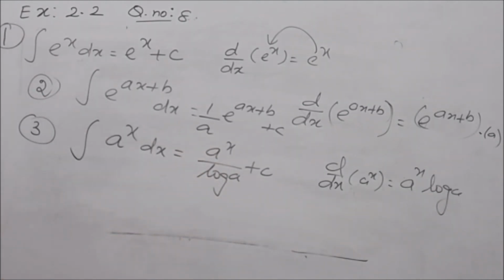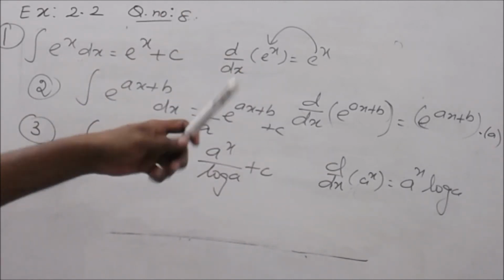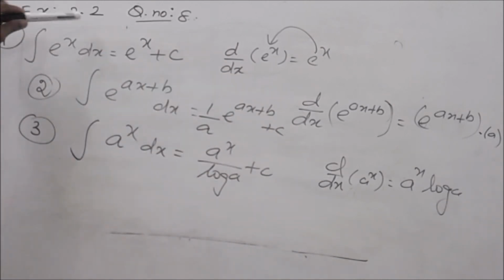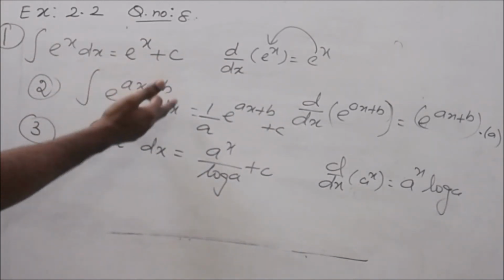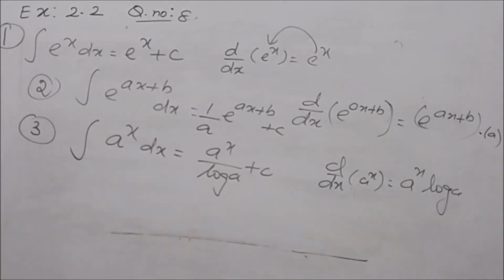If you know the differential formulas thoroughly, you can usually convert them to the integral formulas. These are the basic ways to convert a derivative function to the original function. By using those ideas, you can get familiar with the formulas. So integral e power x is e power x, e power ax plus b means 1 by a e power ax plus b plus c, a power x dx is equal to a power x by log a plus c.